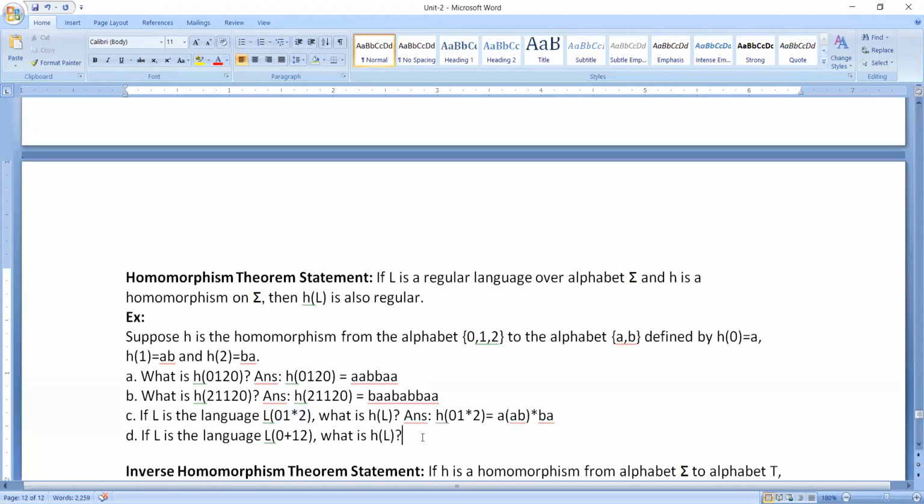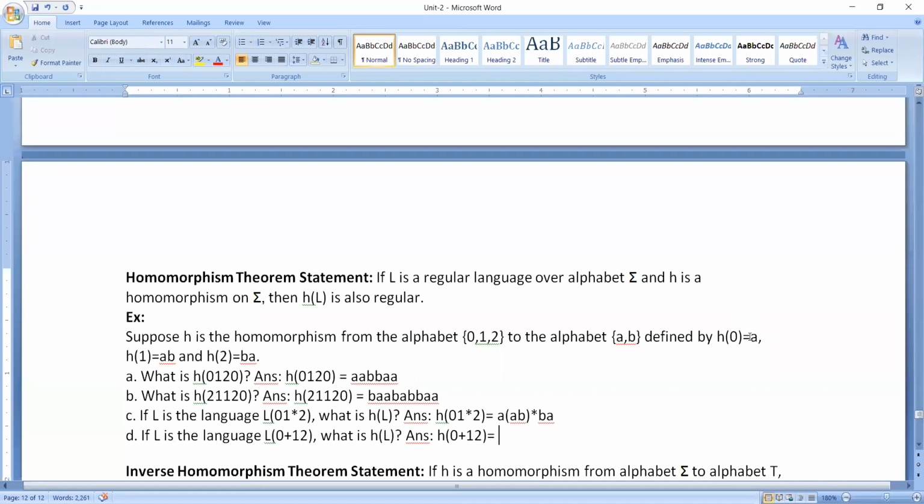Now we have one more language: 0 plus 1, 2. Plus means it is a union operation. Let us observe. We apply the homomorphism function on this language, and we just need to do the union.